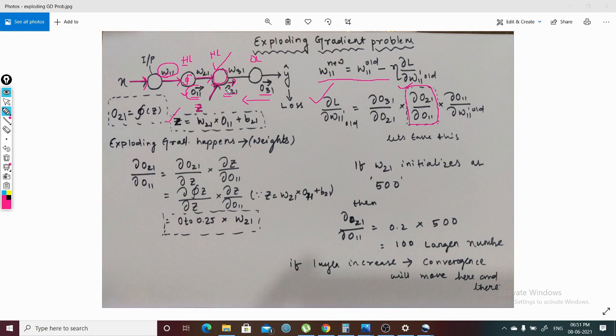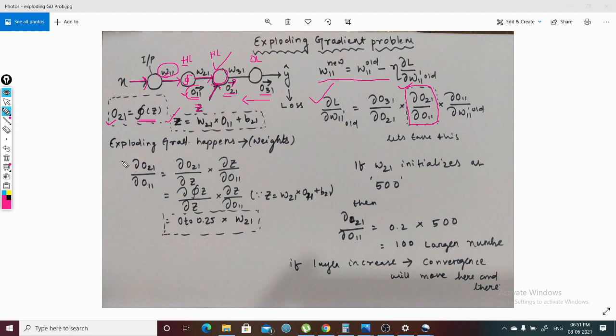This output can be written as sigmoid of z. Z is the input coming to this hidden layer, which we have already calculated.